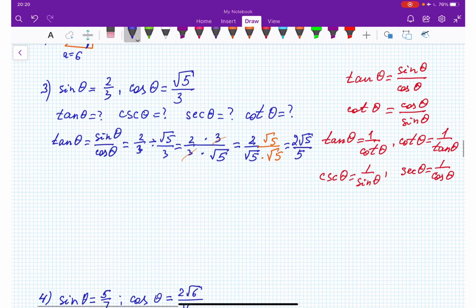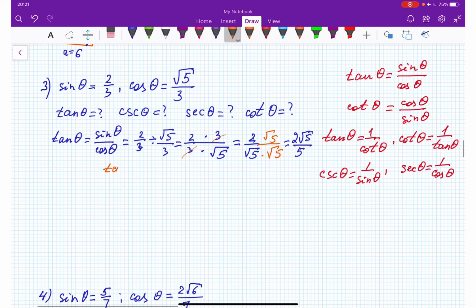Okay? Next. So let me write down the answer here. So tangent theta is equal to 2 square root of 5 over 5.